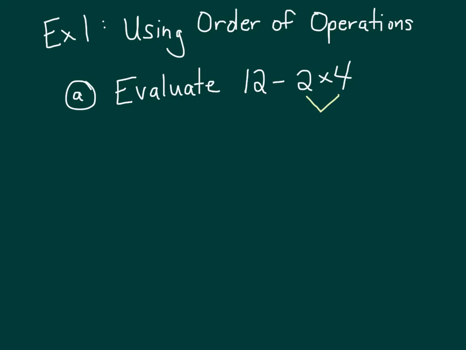So we're going to write down the 12 because we're not doing anything with that, and we're going to leave that subtraction sign alone, and we're going to say that 2 times 4 is 8. And we just keep working our way down the line as many steps as it takes until we have just one thing left to do. In this case, it only took one line to get there. And then we just do 12 minus 8, which is 4. So the value of our expression is 4.